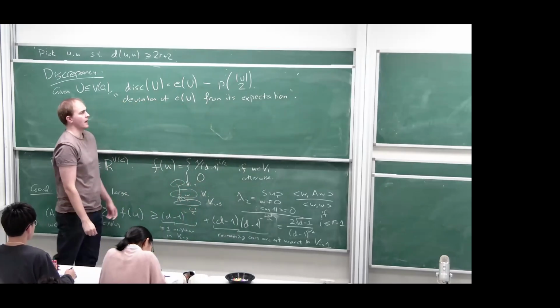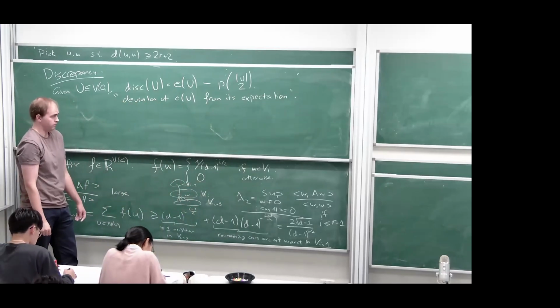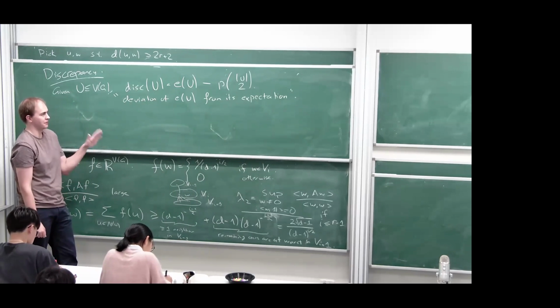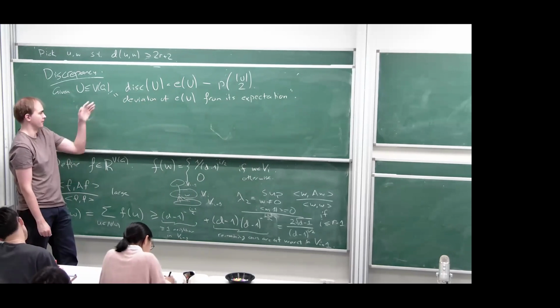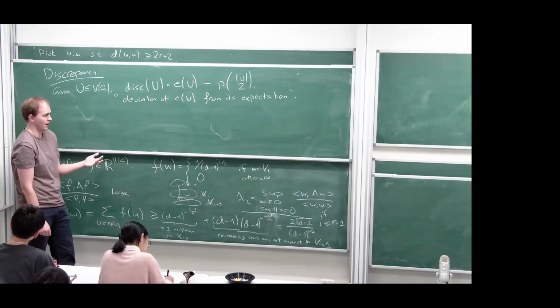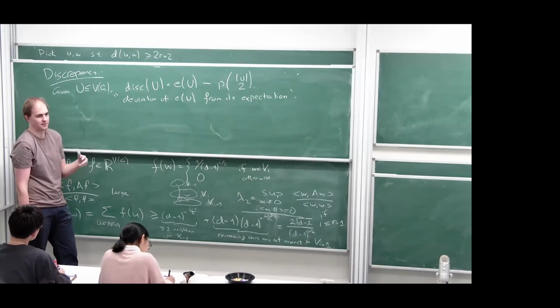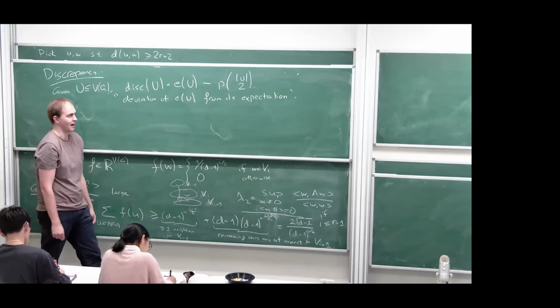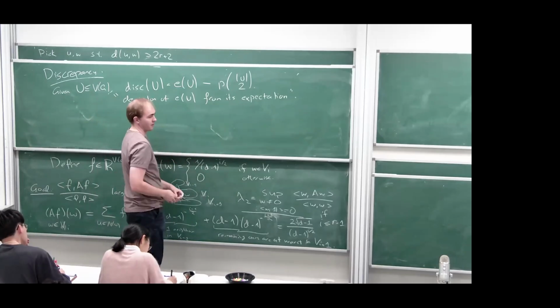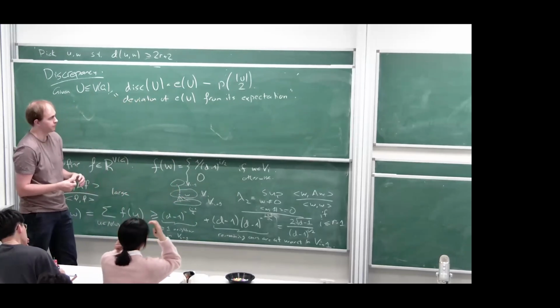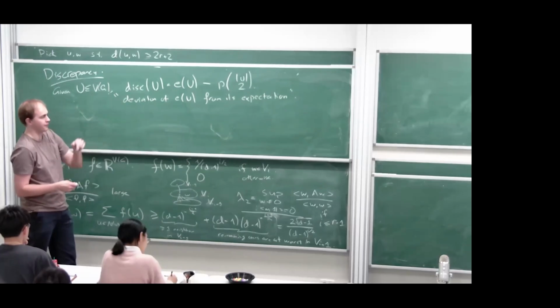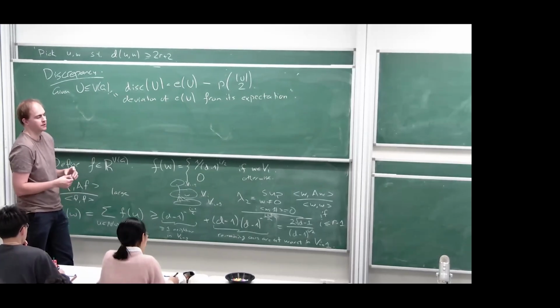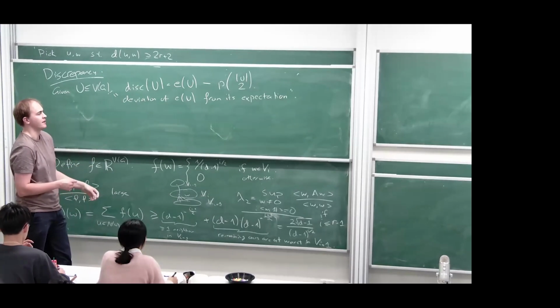If we pick a subset of the vertices of G uniformly at random of the same size as U, then by linearity of expectation, this is exactly the number of edges we would expect. So the discrepancy of U is just how much e(U) deviates from its expectation.